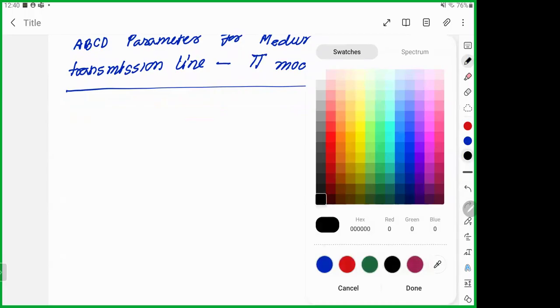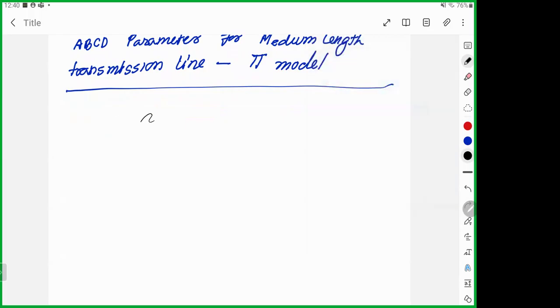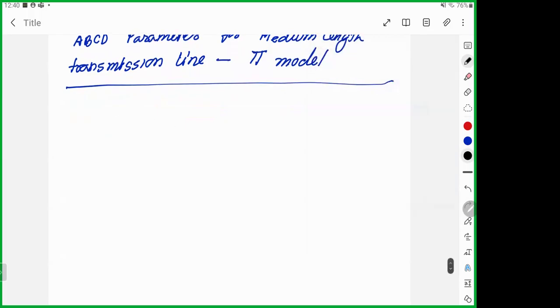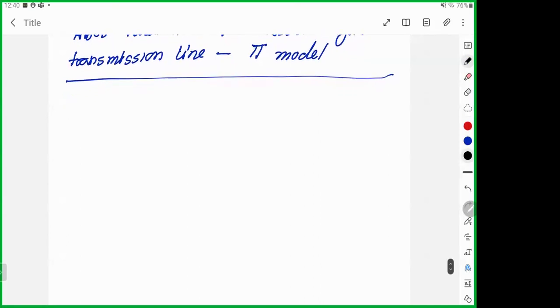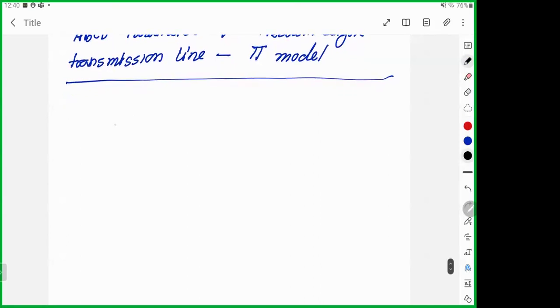I will divide my admittance parameter, that means capacitance parameter, the shunt capacitance, into two equal parts. And then it will look like a pi.